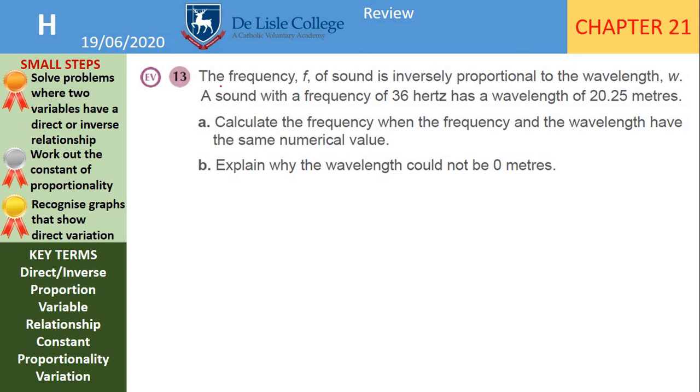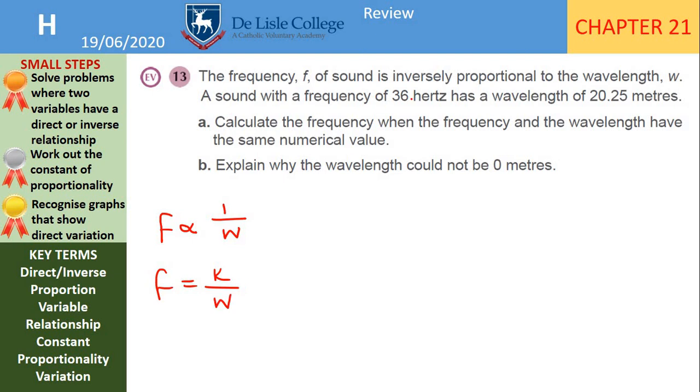Question 13, the frequency f of sound is inversely proportional to the wavelength w. Remember, that's the reciprocal of it. So this gives us the formula f equals k over w.